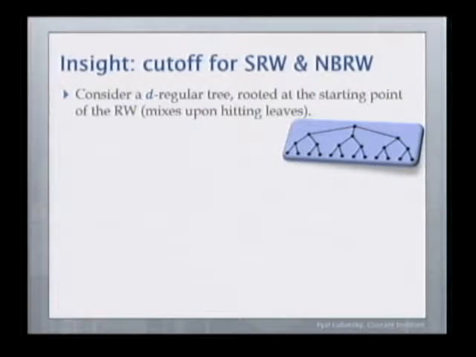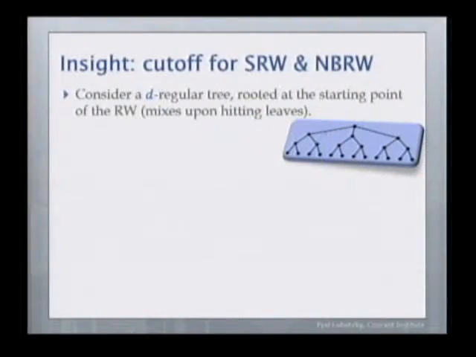You start at the origin, and you will mix once you reach the bottom. It's unclear why this should be a very good approximation of a random d-regular graph, but it's clear that on this model, by symmetry, as soon as you hit the leaves, you are on a uniform leaf, and the bulk of the mass has an exponential tail from the bottom. So once you hit the leaves, you're done.